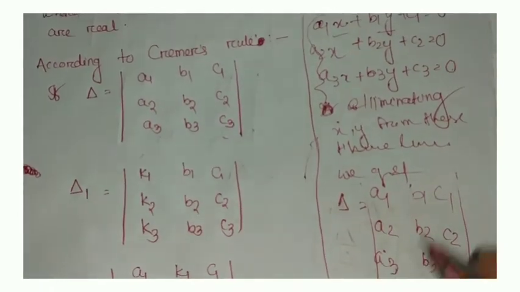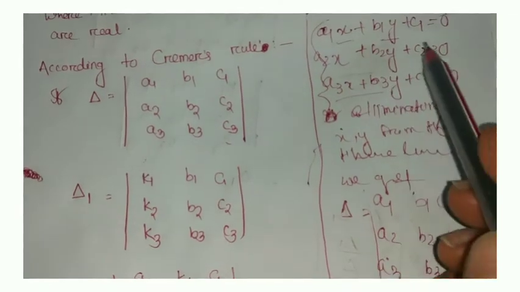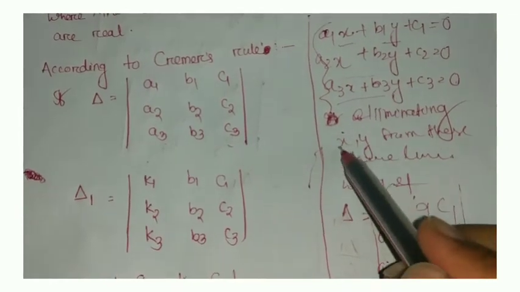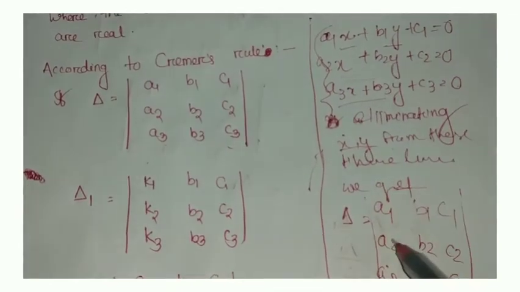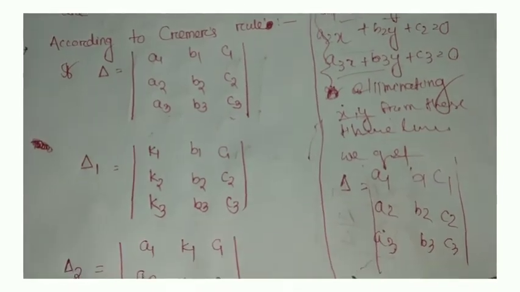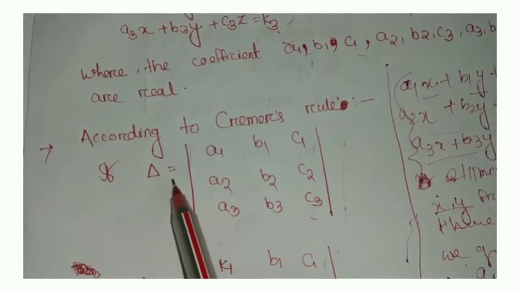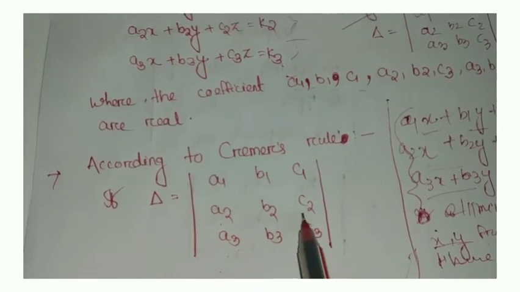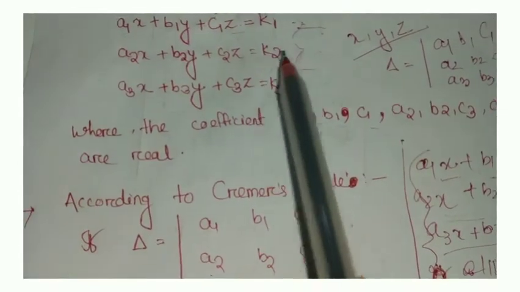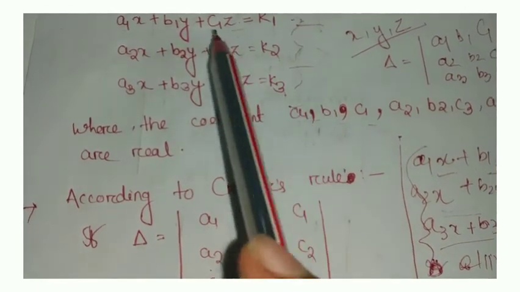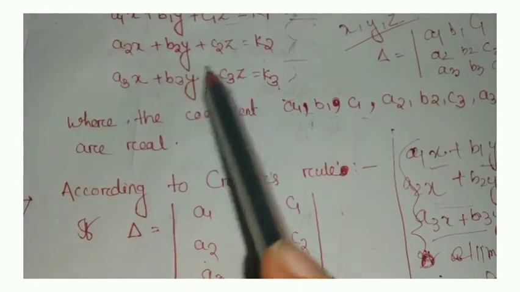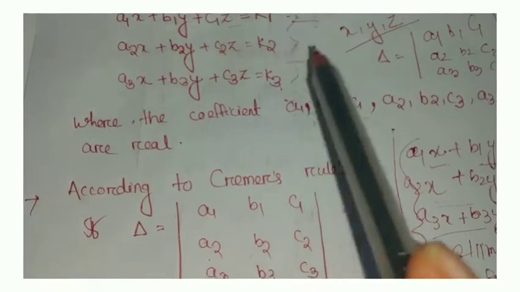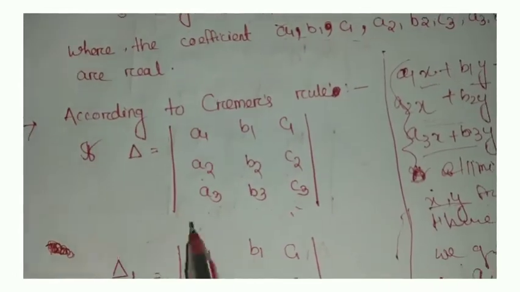So del is equal to this determinant, obtained by eliminating x, y, z from the three linear equations.